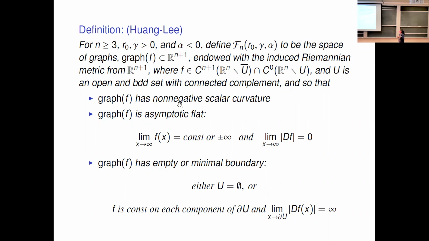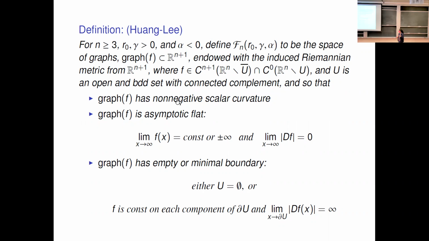You require some asymptotic flatness conditions. I wrote them here, but if you know asymptotically flat, just think of it as regular asymptotically flat. And one word about this set U. This set U could be empty, so then we don't have boundary, and we say that our graph is entire.